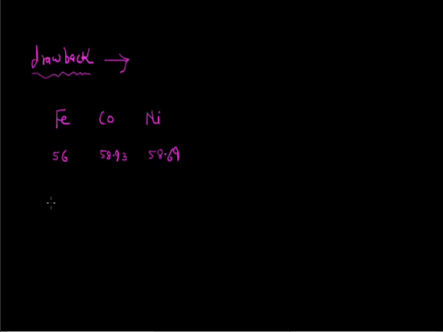Similarly, next is ruthenium, rhodium and palladium. These three elements also have almost the same atomic mass, that is ruthenium is 101, rhodium is 102 and palladium is 106.